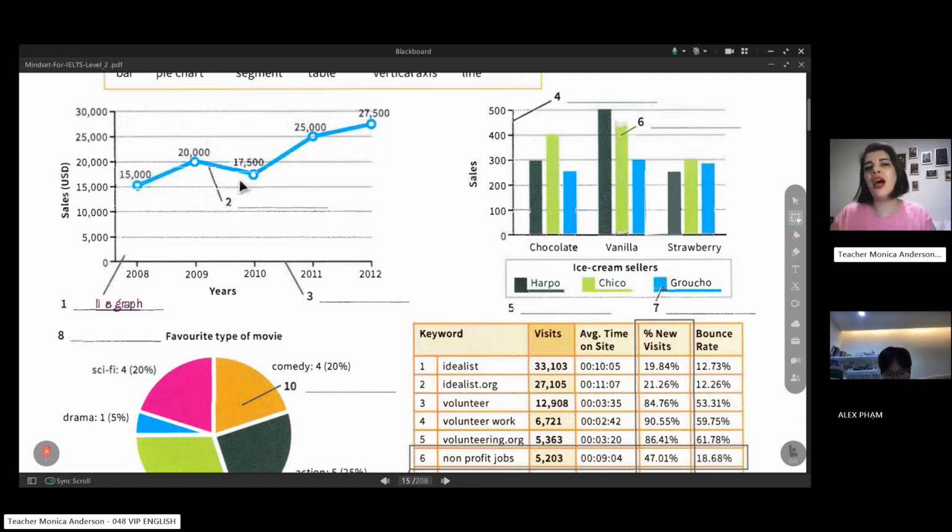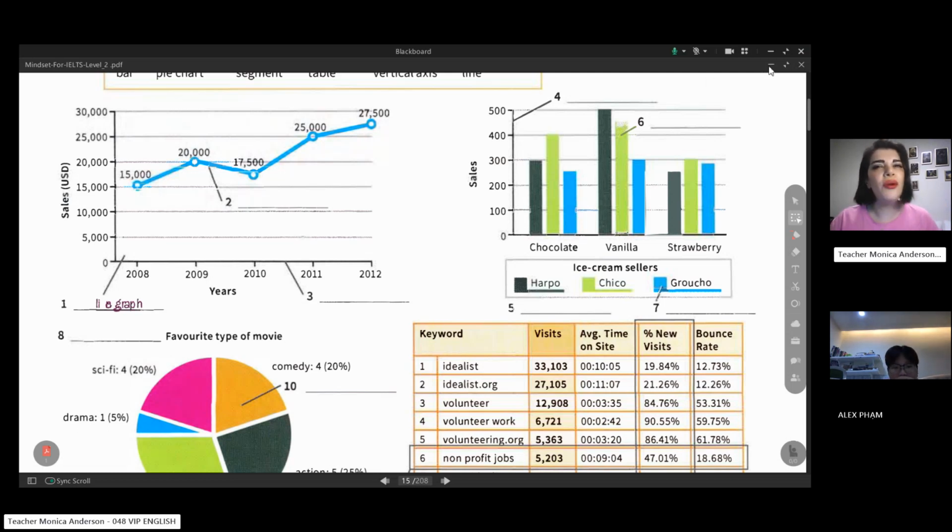So different types of questions. First of all, let's learn about the sections and the structure of task one: how to write it, how many paragraphs you need to write, and what topics. Okay, so let's talk about them.